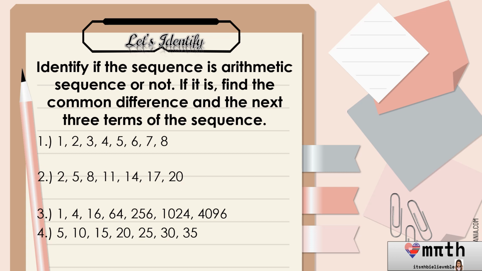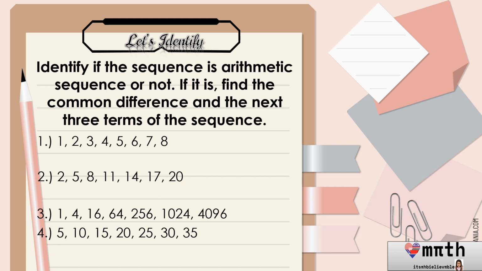For number 2, 2, 5, 8, 11, 14, 17, and 20. For number 3, we have 1, 4, 16, 64, 256, 1024, and 4096. And for number 4, we have 5, 10, 15, 20, 25, 30, 35.